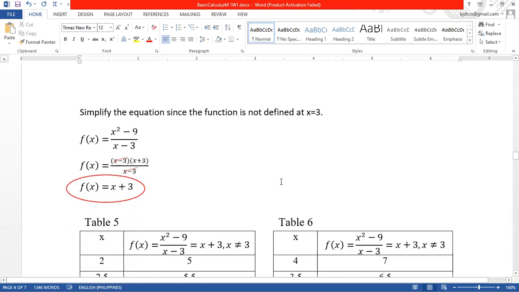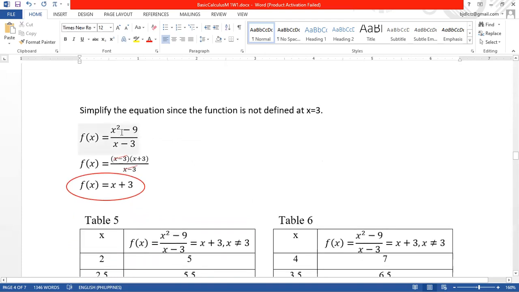So f of x is equal to x squared minus 9 over x minus 3. Factor the x squared minus 9. So x times x, x, x. What are the factors of negative 9? Negative and positive, so negative 3 and positive 3. 3 times 3 is 9. So we have here x minus 3 and x plus 3.